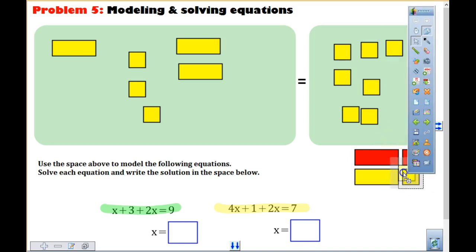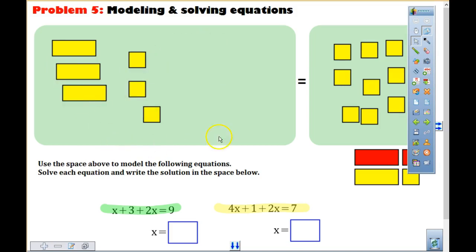Now regroup it by putting all of your x's together. And if I put all these x's together, I now have what equation? Could we rewrite this right below here as 3x plus 3 equals 9? Yeah. And then, if I do something on one side of the equation, if I remove 3, what do I have to do on the other side of the equation?